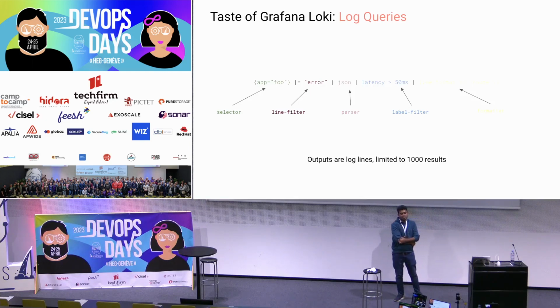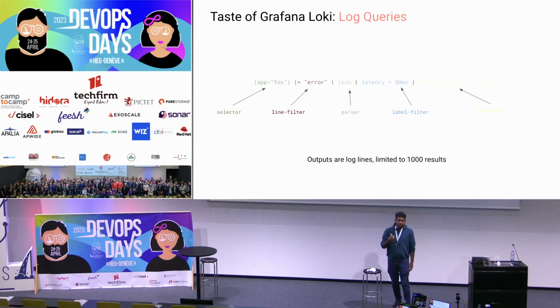In this case, out of all the logs coming from app equal to foo, show me only the log lines that match the string error, right? And the next one is interesting. This is called a parser. Here it's JSON. We also support other parsers like logfmt and any other structured format you'd like to have, like a regex, for example.